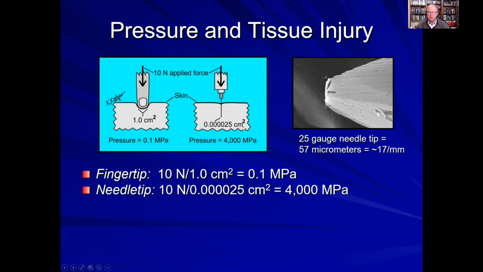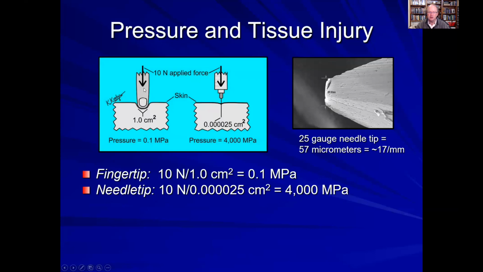However, the needle tip here, this 25 gauge needle, is 0.000025 square centimeters, or approximately 57 micrometers, which means approximately 17 of these 25 gauge needle tips can fit into a millimeter. For the same amount of force, it is going to produce a 4,000 megapascal pressure.